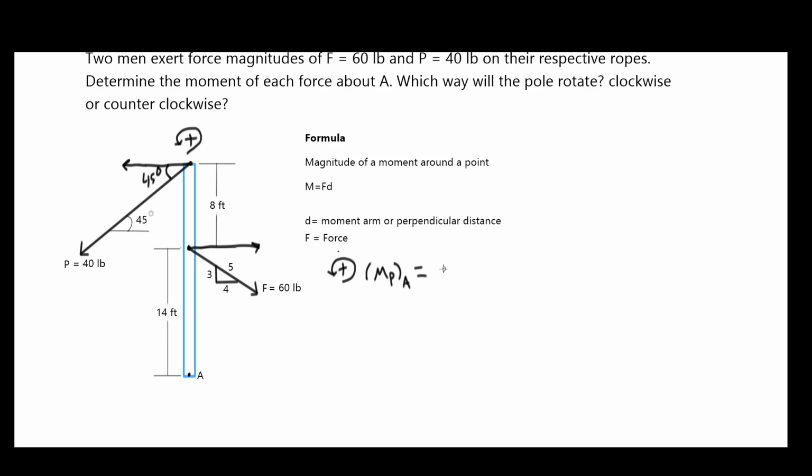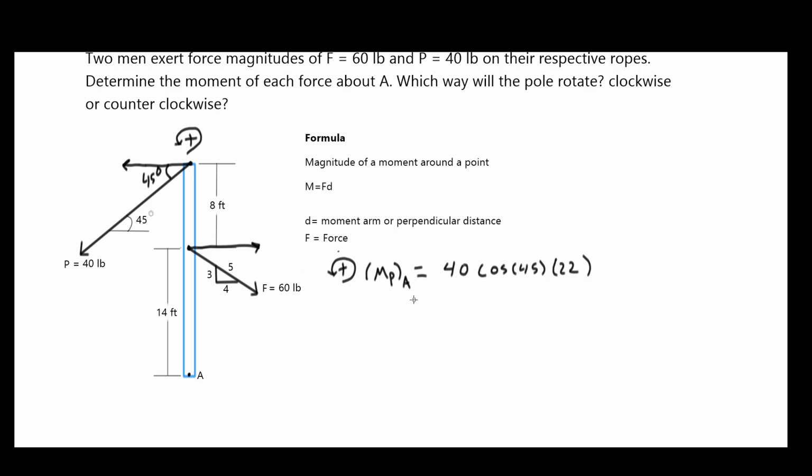So we have our force value, 40. And then we just need to multiply by the distance. So the total distance of this pole to point A is 22 feet. So multiply that by 22.